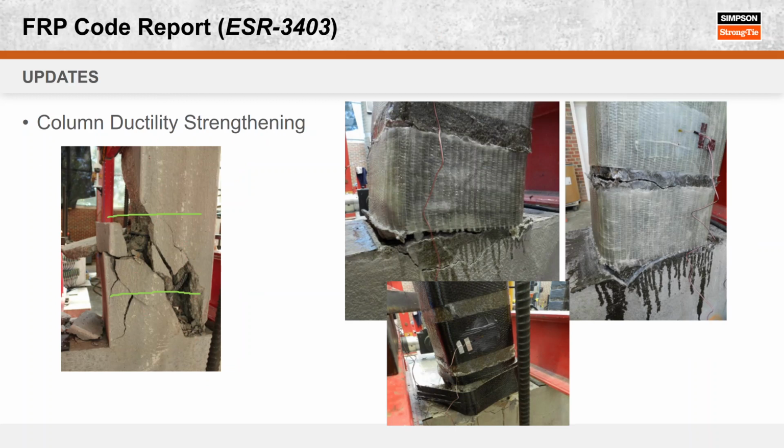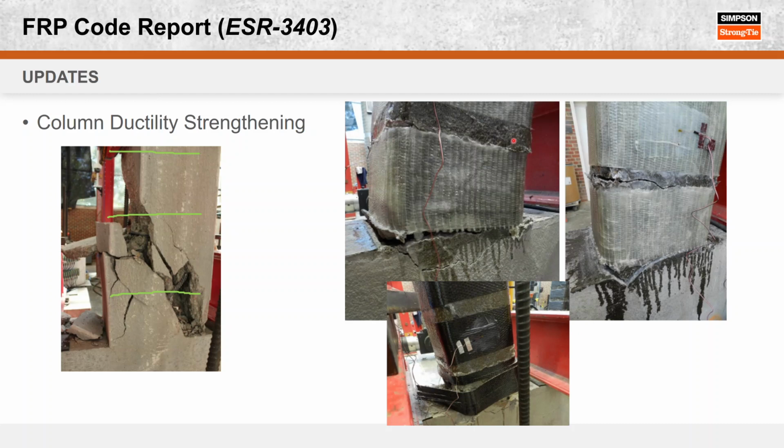The stirrups were very far apart, so that when they loaded the column, instead of failing in flexure, it failed in shear because it was very weak in shear. And then they added the FRP to increase the shear capacity.